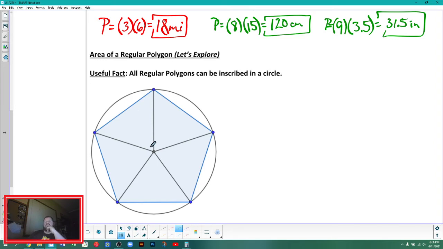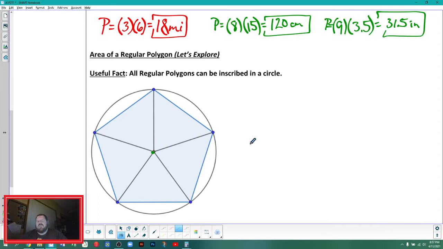If we find the center of that circle, the reason it's useful is that all of these lengths are the same because they're all a radius of the same circle. Any radius in a circle is congruent to any other radius in the same circle.